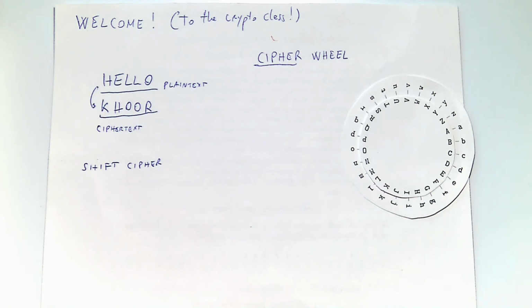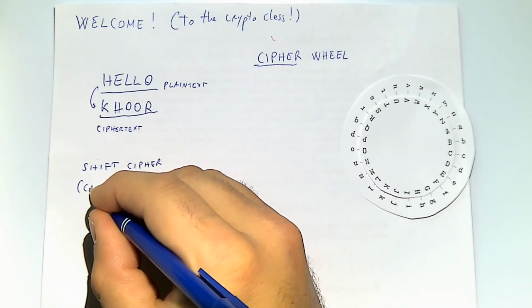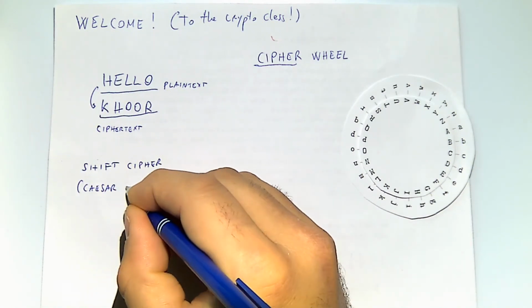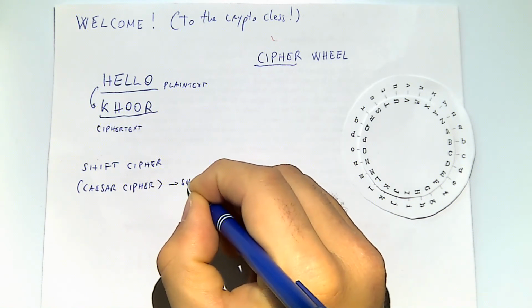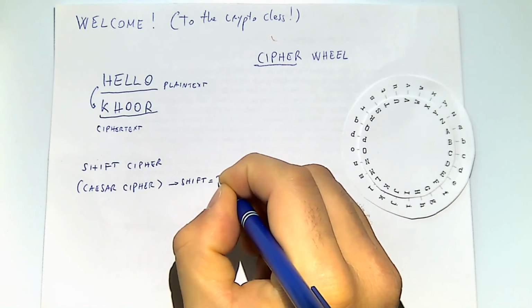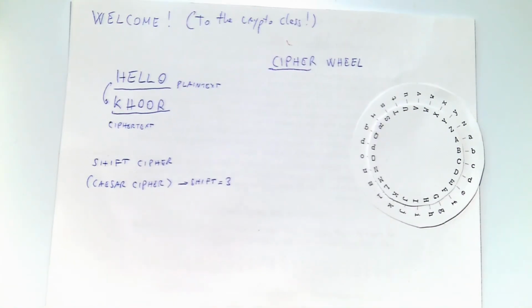And in fact, sometimes this is known as the Caesar cipher, when the shift is equal to 3. I believe 3 is the original one, or at least what they claim was the original one. Of course, as I said, this is a very simple method, and what kind of security can it offer?